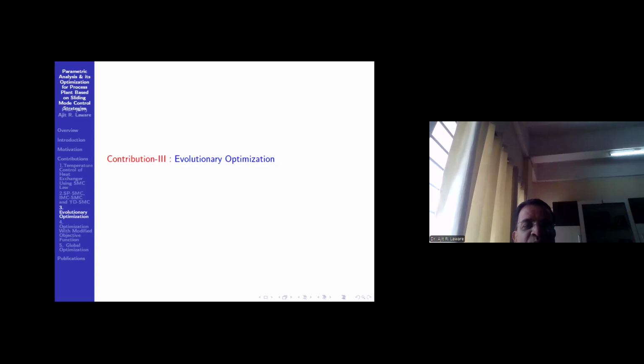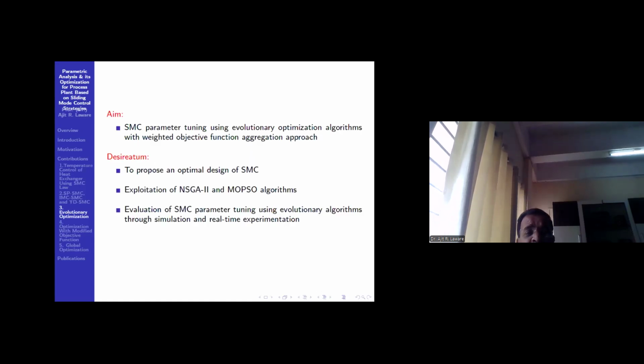And now from contribution 3 to 5, I am using non-traditional optimization algorithms. Here, my aim is to tune the SMC parameters via evolutionary optimization algorithms, using a weighted objective aggregation approach. Aggregation means single objective functions are finally added together, and that is called the aggregation approach.